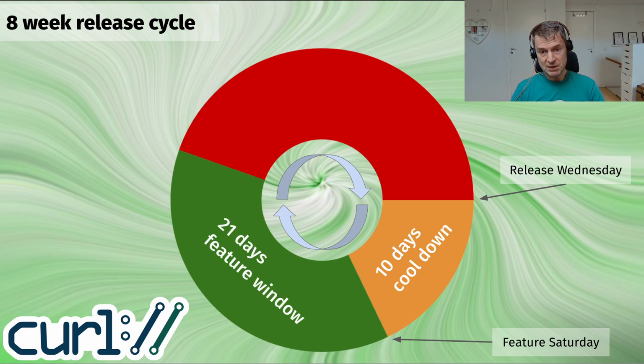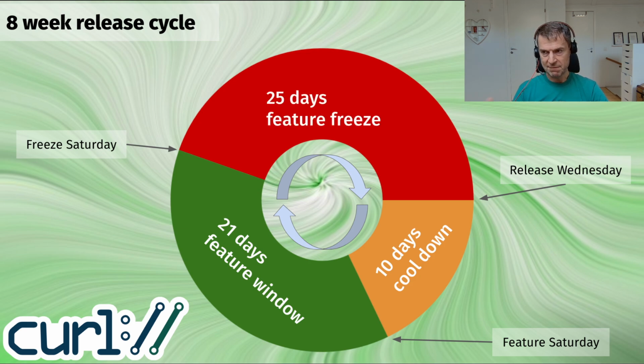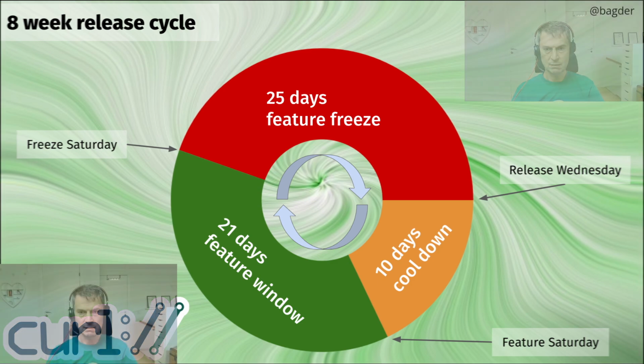And then we open the feature window, which is going to be open for 21 days, during which we allow new features, new changes, and things that are not just bug fixes. And then we have the freeze Saturday, and then we have 25 days of feature freeze until we do the next release. So this is the always on and on release cycle.